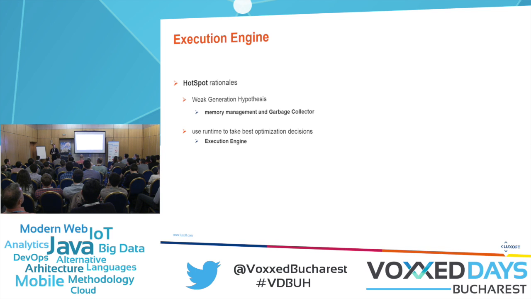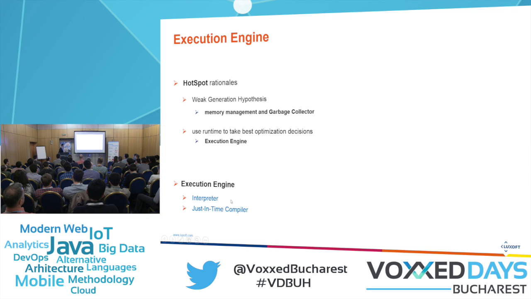What it means is mainly that during the process of allocating new objects, most of them become unreachable soon, and there are just a few objects from the old generation that refer to the young generation. This is the first one. The second one is that only during the runtime is the HotSpot itself allowed to prove and take the best optimizations. And this kind of rationale influences the way the execution engine works.